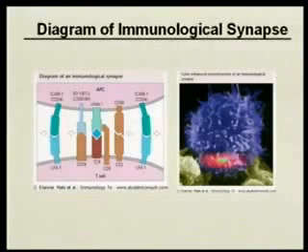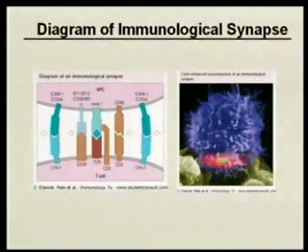In the central portion here, you have the T cell receptor binding to the class 1, for example, with the peptide, and you have the co-stimulatory molecules. The PSMAC is the peripheral area, so here and here. Typically, that's mostly adhesion molecules. And the central SMAC is the portion in the middle that has the signaling molecules.